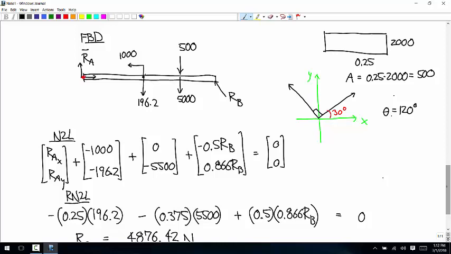And so you can just average those 2 points. Here we had a moment arm of 0.25. Here we had a moment arm of 0.5. This is right in the midpoint, so the average of 0.25 and 0.5 is 0.375. You can do it that way.